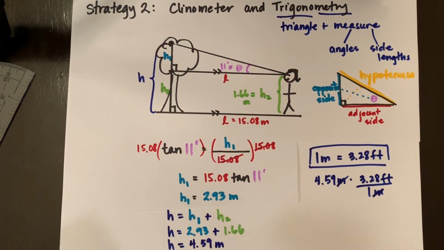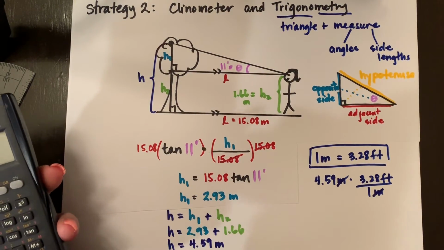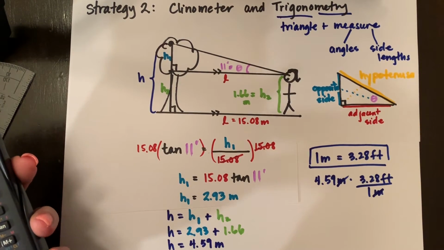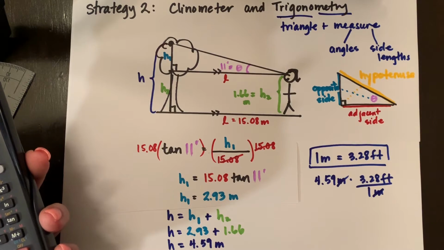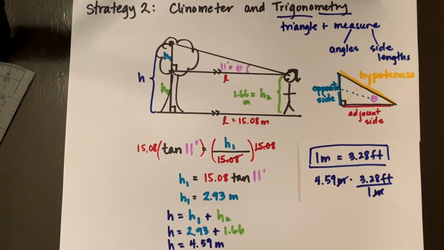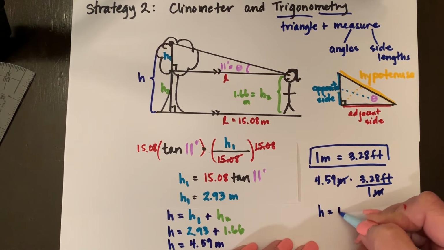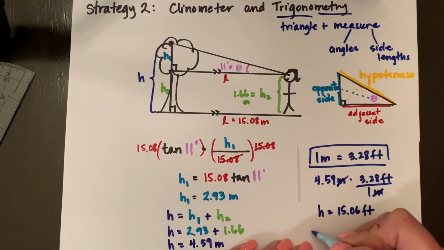So again, getting my calculator, 4.59 times 3.28 gives us about 15.06 feet. So the height of the highest orange is 15.06 feet.